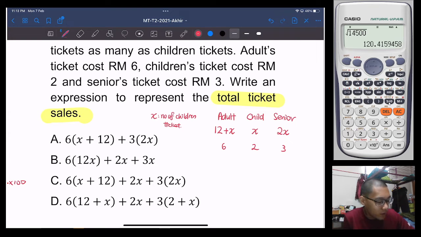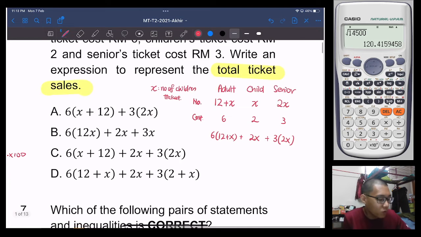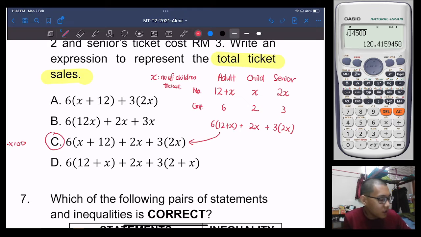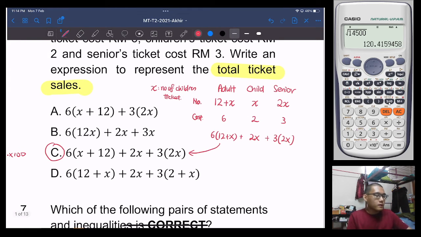The number of tickets times the price per ticket gives the total, right? So we have 6 times (12 plus x), plus 2x, plus 3 times 2x, which is 6x. I answer like this because we don't want to expand first, and we check the expression is similar to this one. So the answer is C.